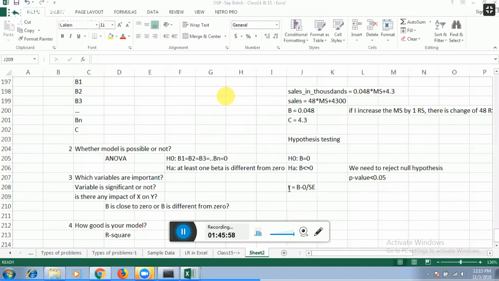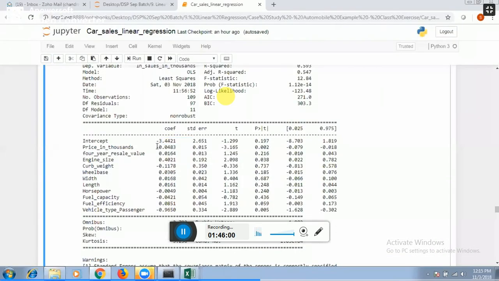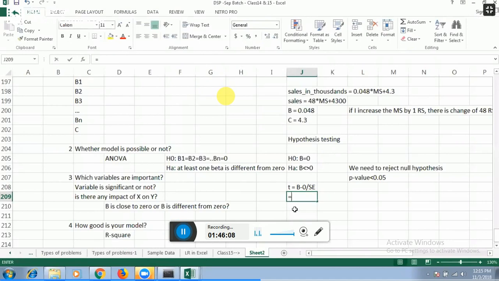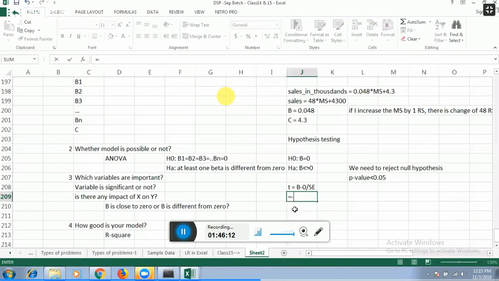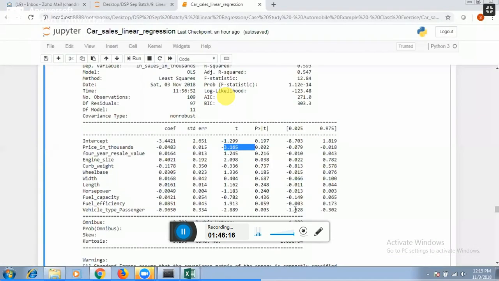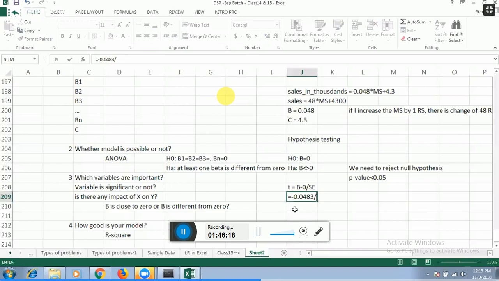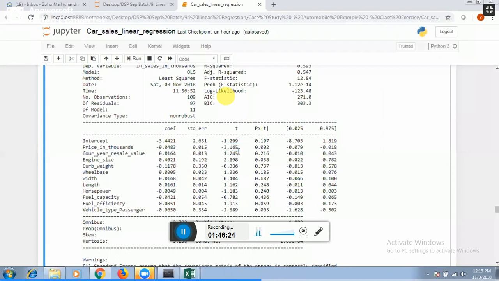Now if you look at my beta, this is my beta minus 0, divided by the standard error. So this by this will be my t-value. Maybe you can see it equals minus 0.0483 divided by the standard error 0.015, which gives minus 3.22.